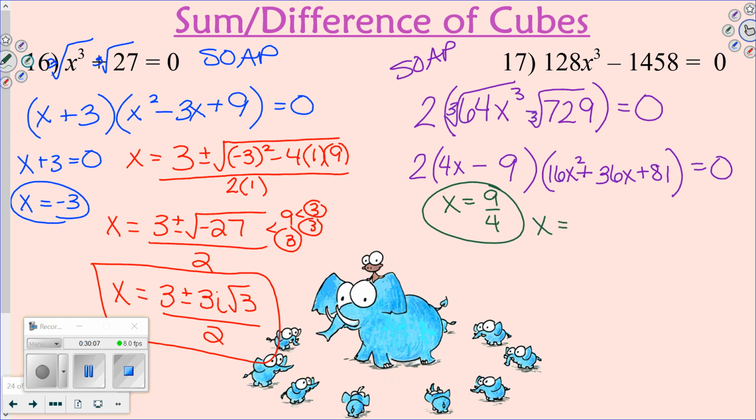Don't say you don't. You do. We can always solve. So negative b plus or minus square root b squared, oh my, these numbers are huge, minus 4 times 16 times 81 all over 2 times 16.